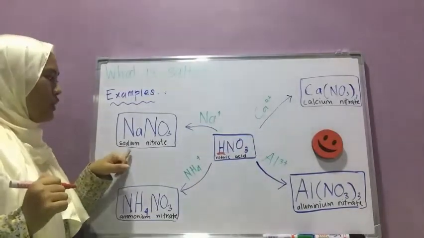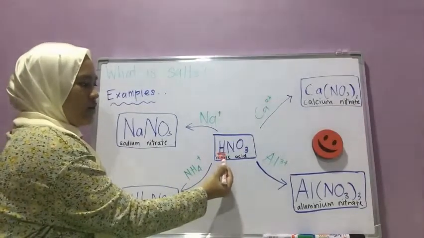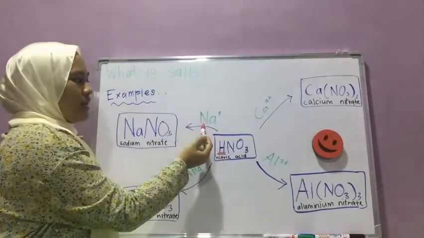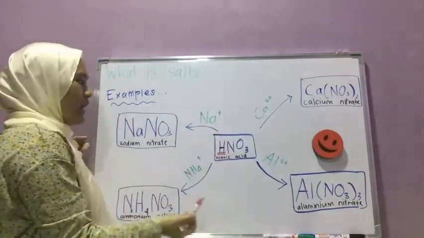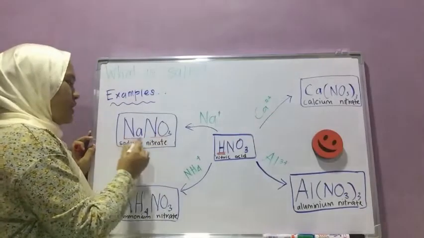So, we look at this first. This hydrogen replaced by Na+ equals sodium nitrate. This is salts.